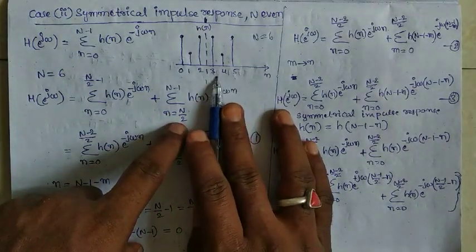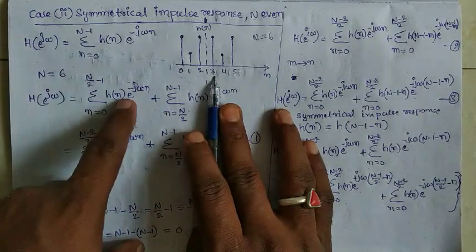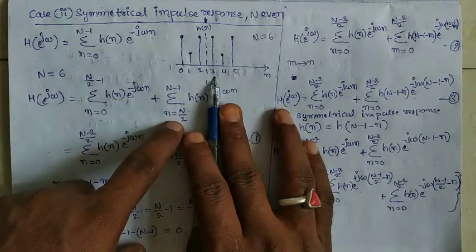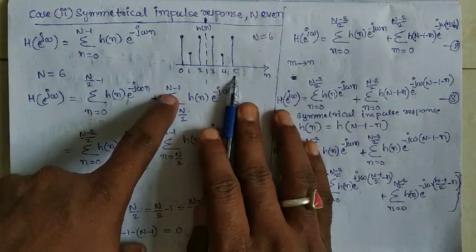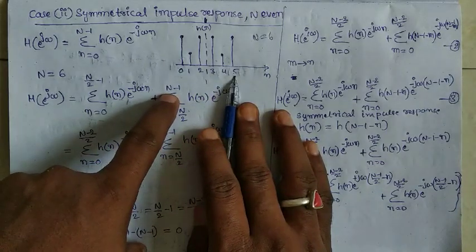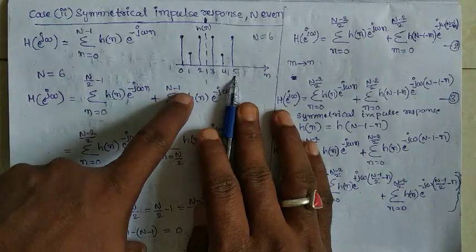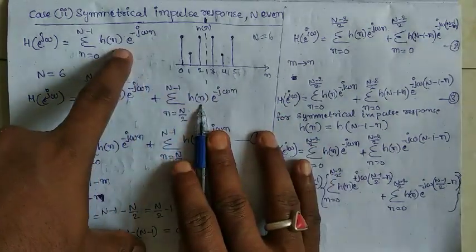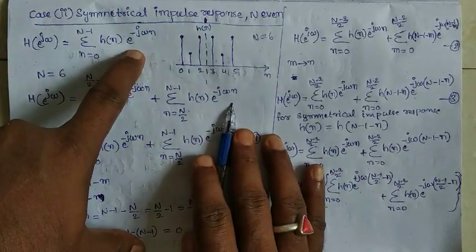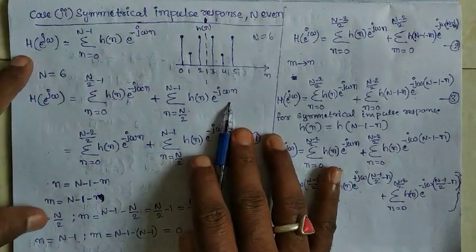Here 3 is 6 by 2, that is N by 2, to 5, which is capital N minus 1, of H of n into e power minus j omega n.